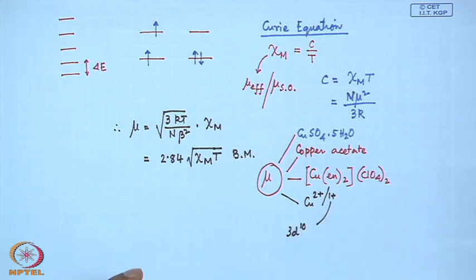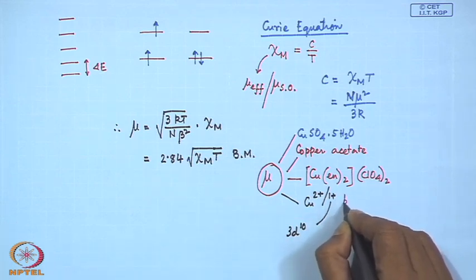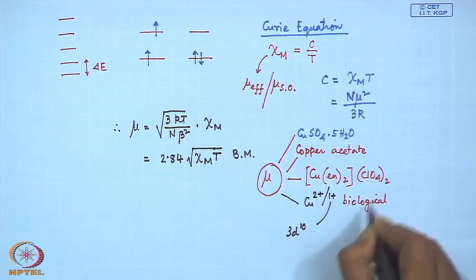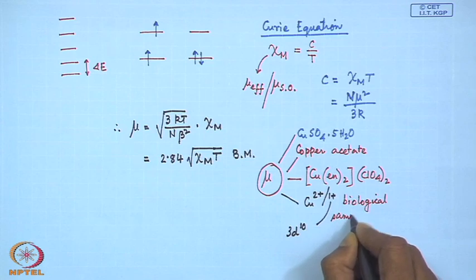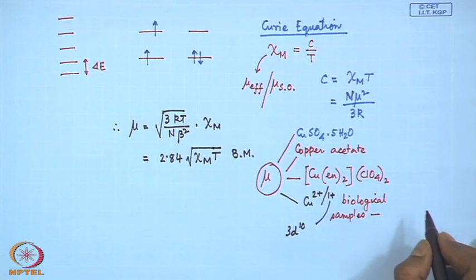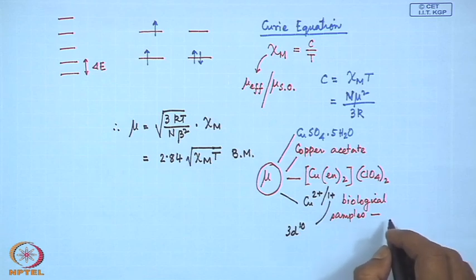Copper 2 plus or copper 1 plus is also present in biological samples, that we will discuss afterwards in detail when we study metal complexes in biological systems.